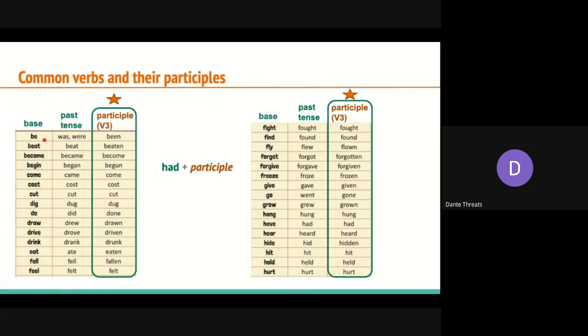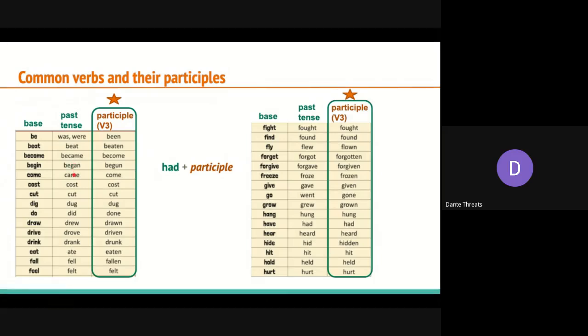Past tense of be is was and were. Past tense of beat is beat. Past tense of become is became. All of these so far are irregular past tense verbs.